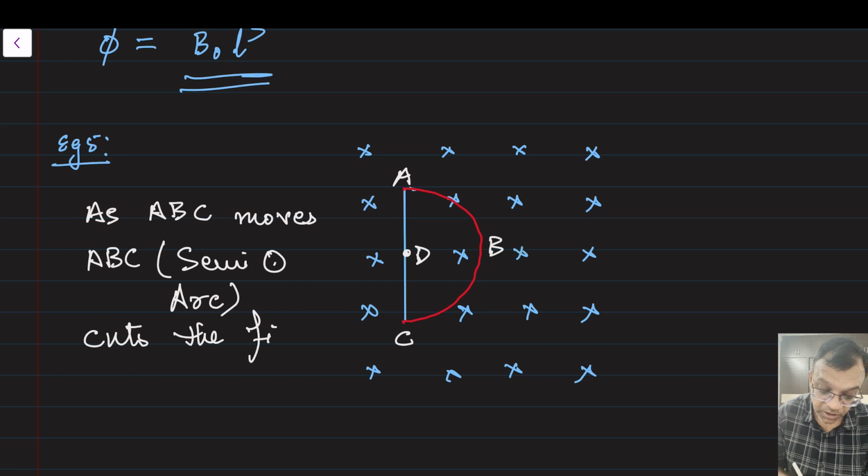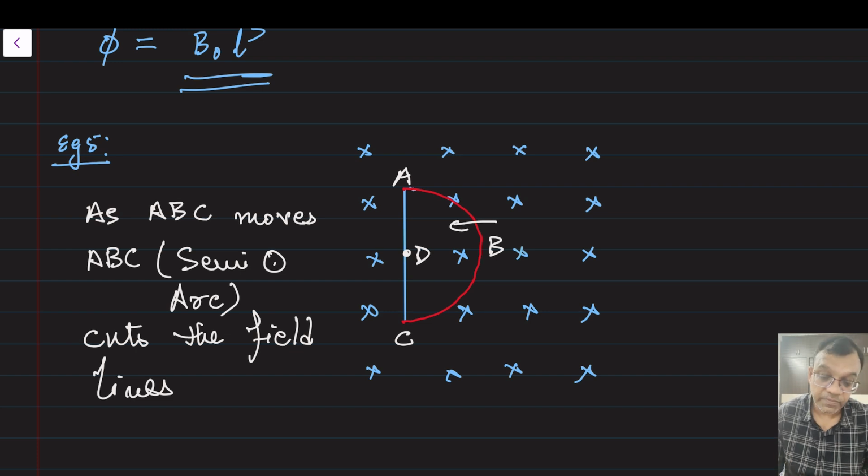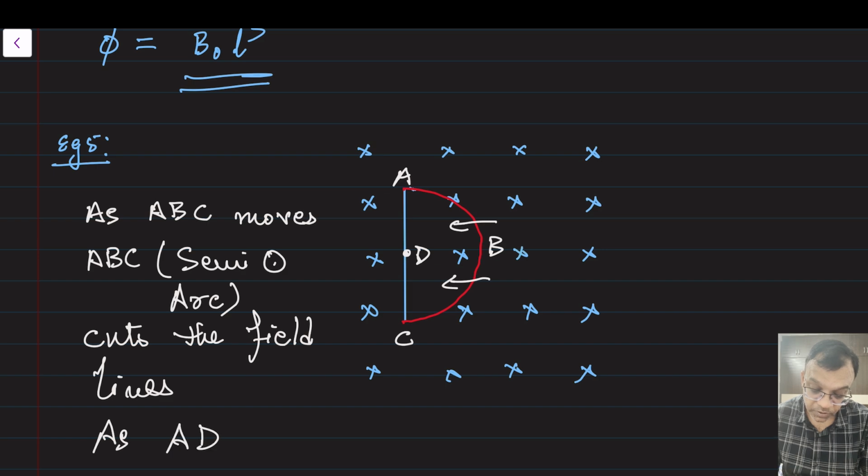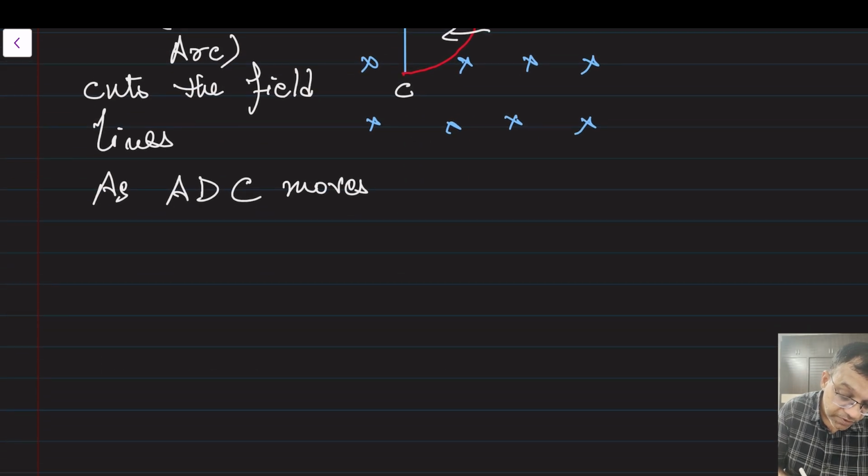Field lines are entering. As ADC moves, it also cuts the field lines.